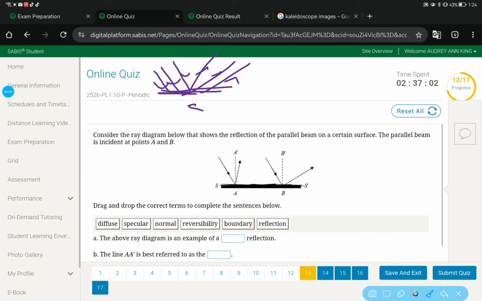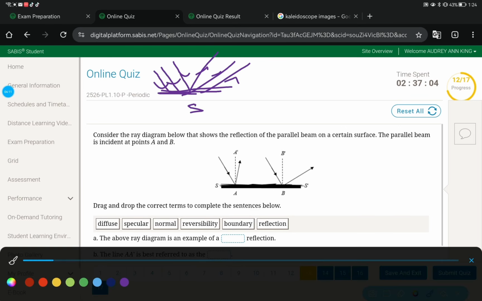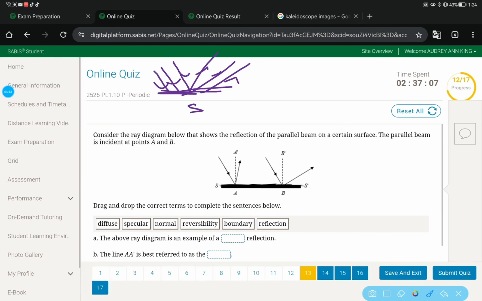But it's usually on a smooth surface. That's specular reflection. And there's diffuse reflection, which is kind of messy. The light isn't reflected exactly, it's scattered in all directions, and it usually happens on a rough surface. So the blue is an example of diffuse reflection.